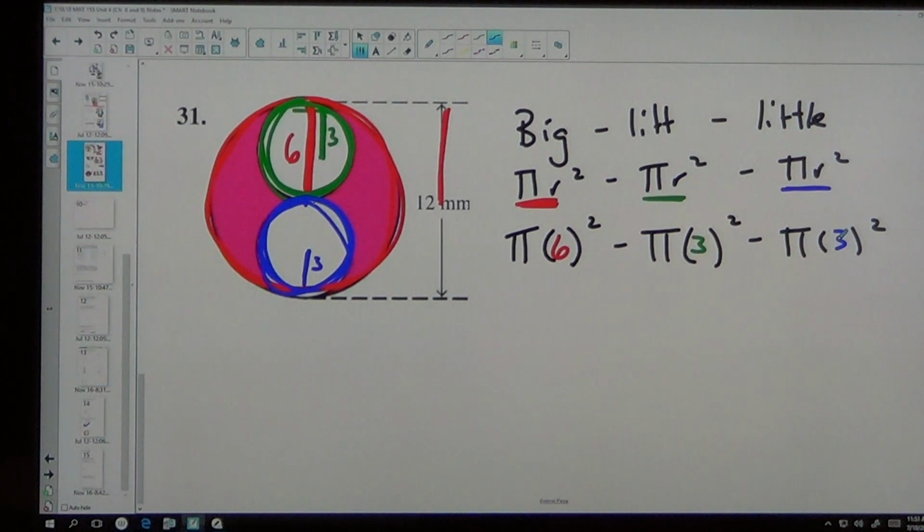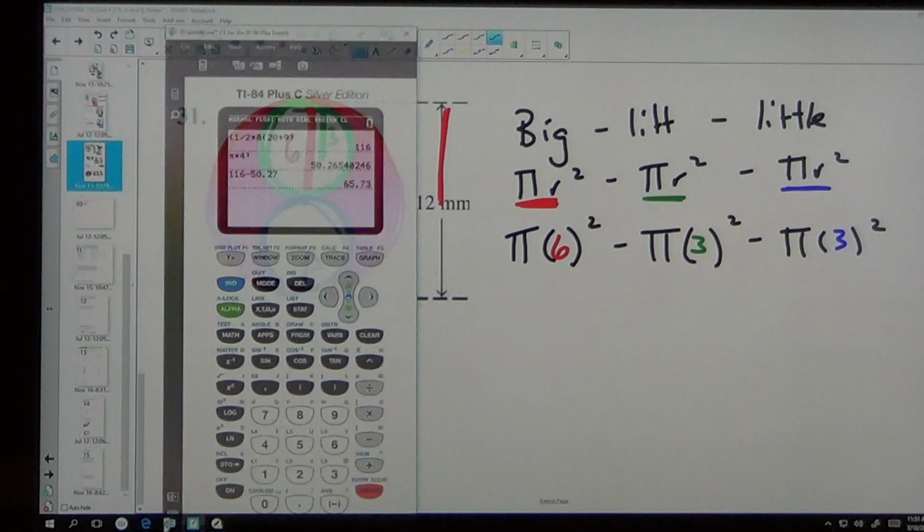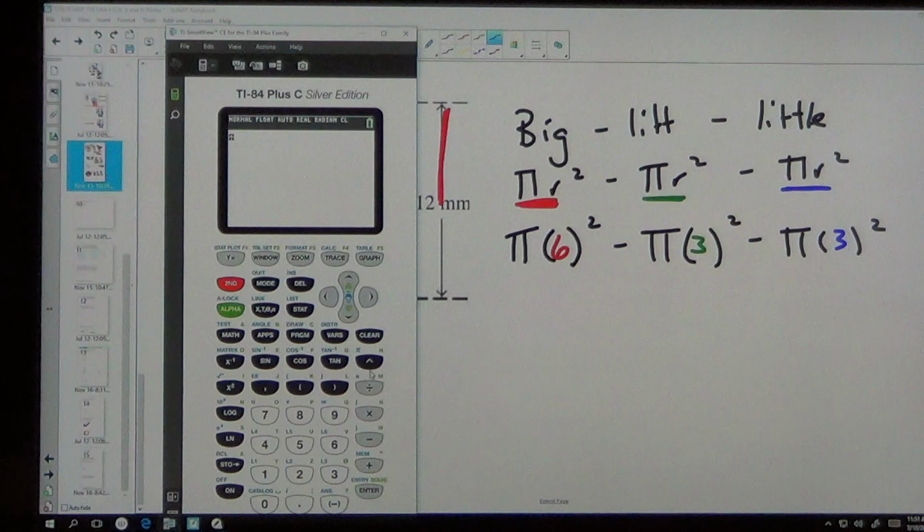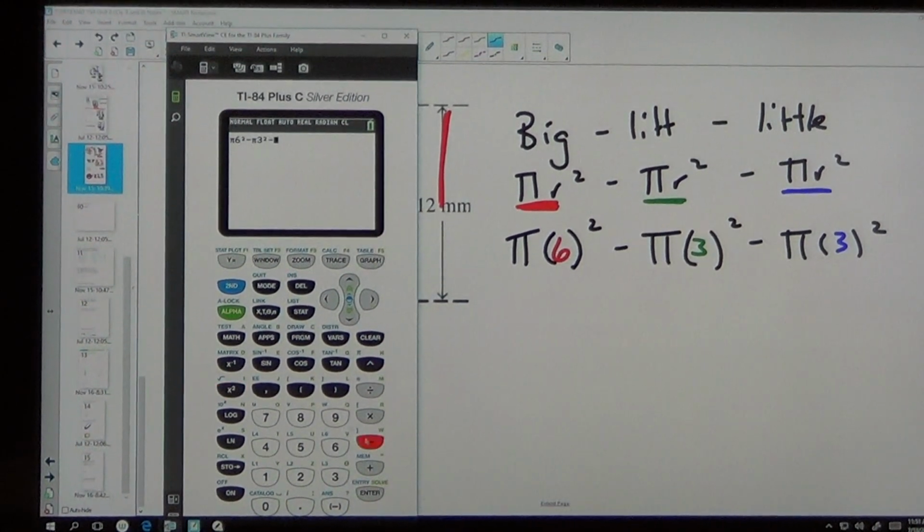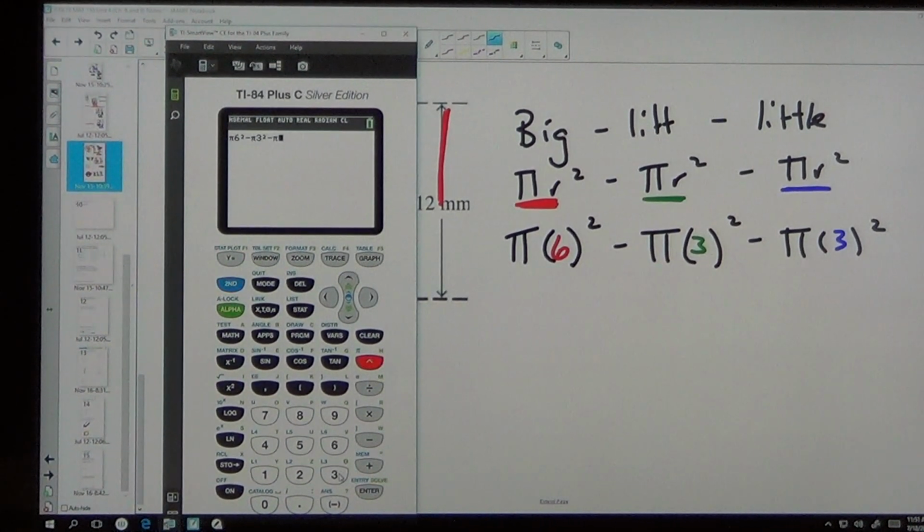Well, I can actually type that whole thing in one sentence. Watch this. Pi 6 squared minus pi 3 squared minus pi 3 squared. Now, if you want to get the answer to the first one, minus the answer to the second one, and minus the answer to the third one, you can do that as well.